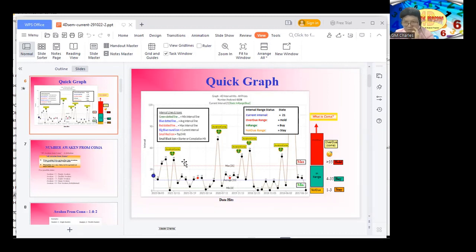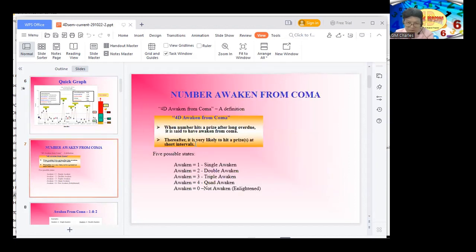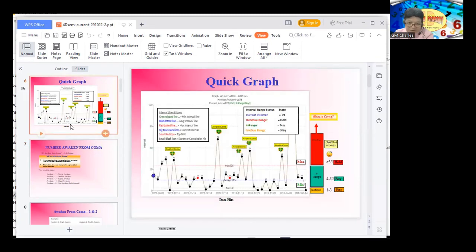Okay. So what is the other point I was saying? Thereafter, it is very likely that the number will hit a prize or prizes at a short interval. What I mean is that after it comes out of coma, the next time it hits is usually at a very short interval. You can see from here, right?